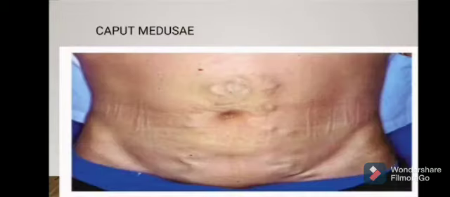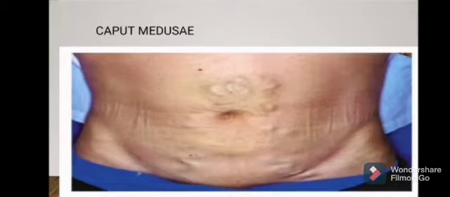Another important significance of the umbilicus is that it is the point where there is anastomosis of the portocaval circulation. In the abdomen, we have the portal circulation as well as the caval circulation.